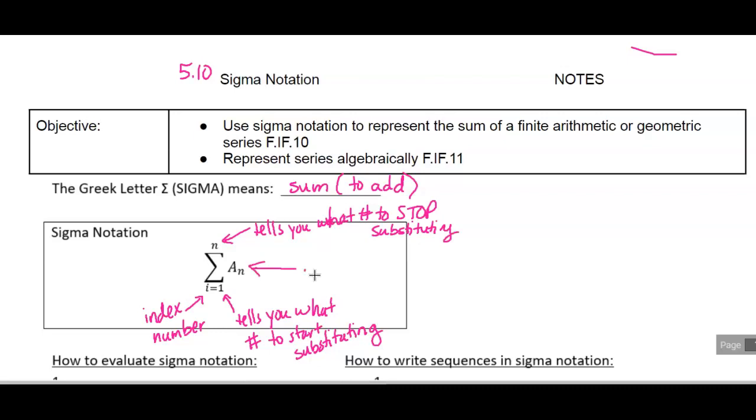This is usually a formula. And then this means to add up the terms. Okay? So that's how sigma notation works. It's a really succinct way to tell you to add up a bunch of terms without telling you the terms.